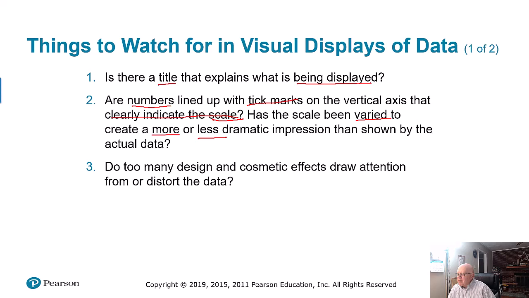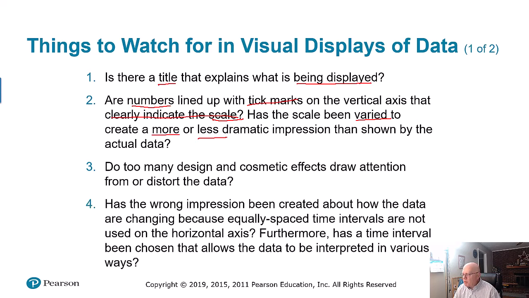Are there too many design or cosmetic effects? In other words, are there too many special effects that detract from the actual data and seeing what's going on with the data, how it's changing?